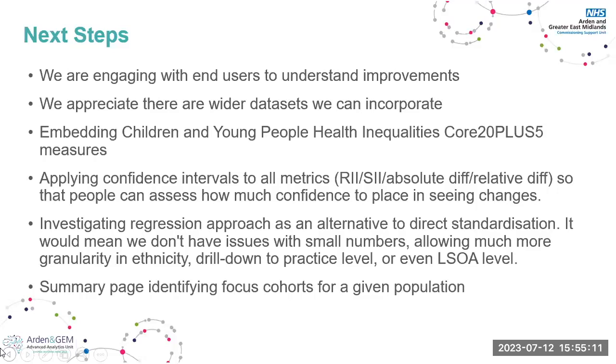So we're looking at a different approach to allow for that drill down further. And we appreciate that it might not be easy to translate some of the key findings from the tool. So we are thinking about almost a summary page that looks at salient points, key points for a certain population, etc., to help with that translation piece.